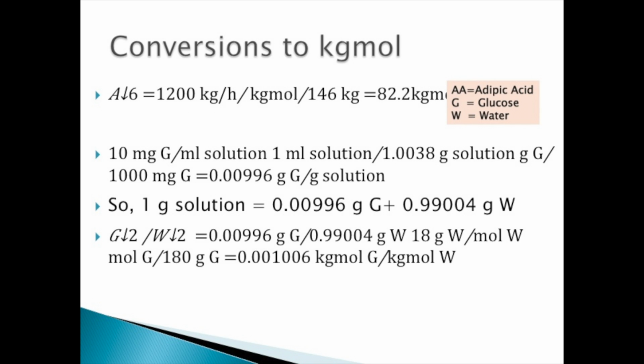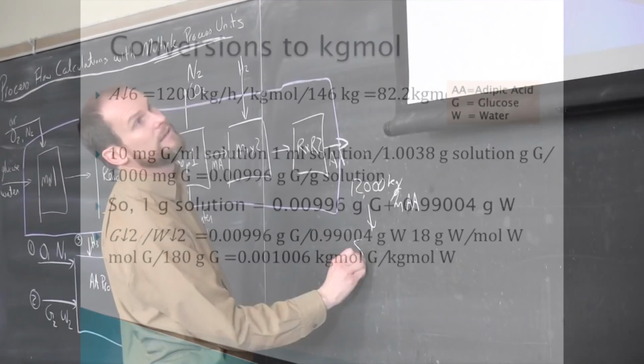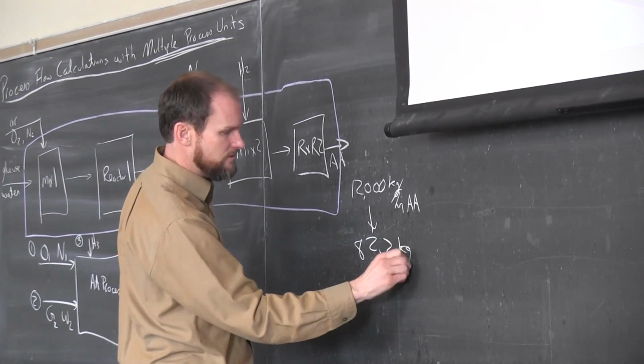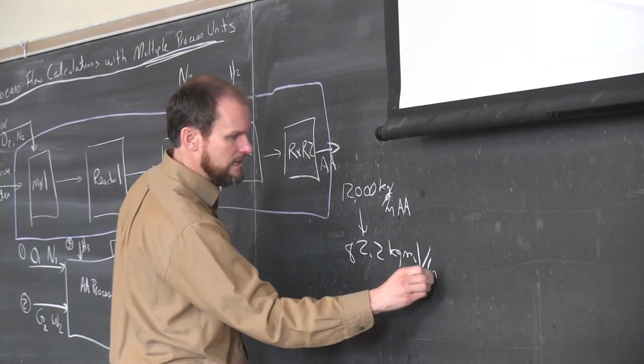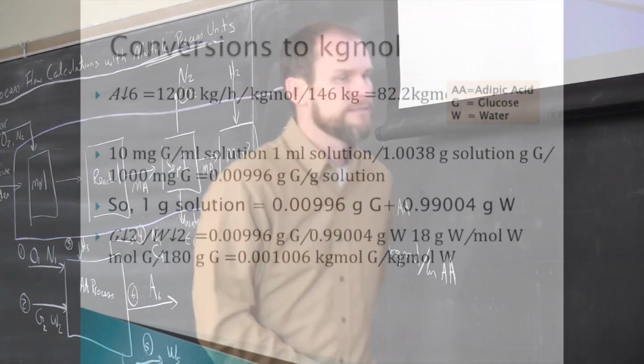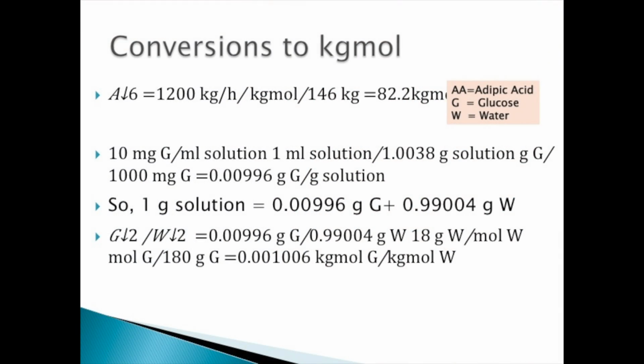1,200 kilograms per hour. If I go with 146 kilograms per kilogram mole, this becomes 82.2 kilogram moles per hour of adipic acid. The other one, 10 milligrams of glucose per mil of solution.